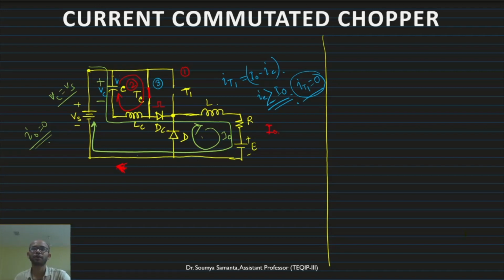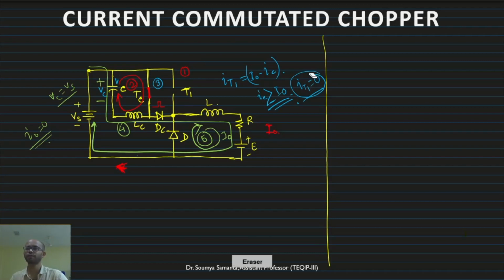If this is step 1, 2, 3, and step 4, this will be step 5. So these are the 5-step operations of this circuit. This is the operation of the current commutated chopper.